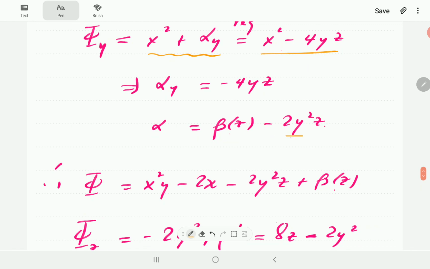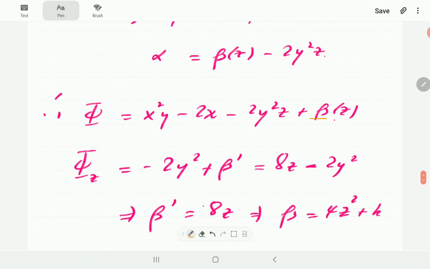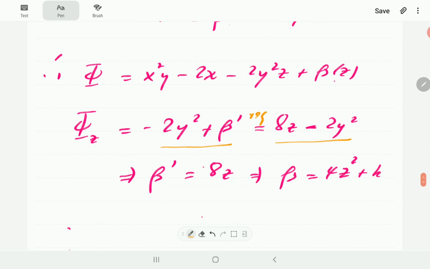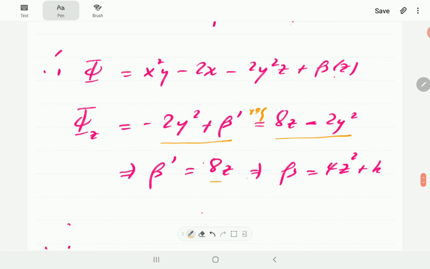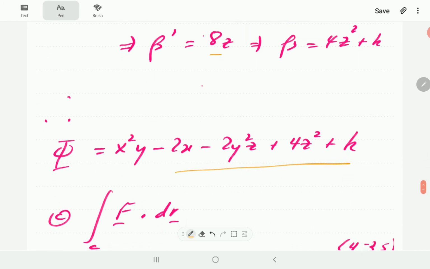We integrate that, we get this where beta is an arbitrary function of z. Plug it back into phi, differentiate now with respect to z, we get that, compare with what we have. So these two require them to be equal. That tells us that beta prime is 8z. We integrate that, and so this is going to be our final expression for phi.